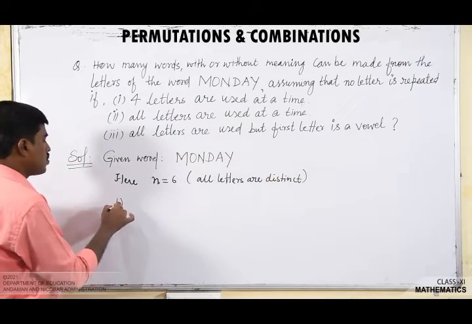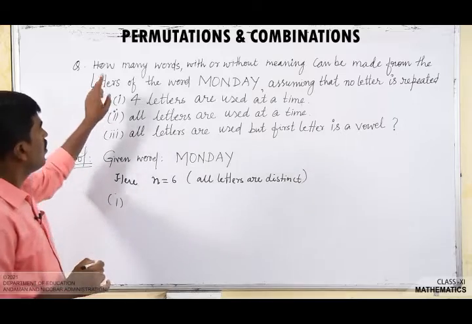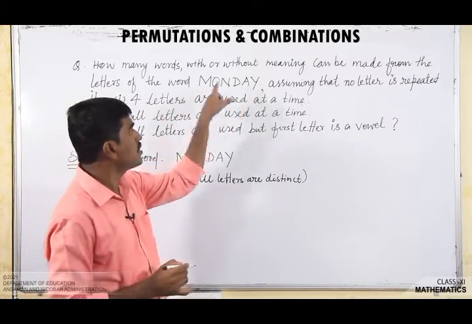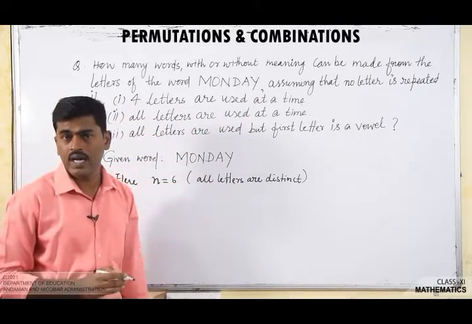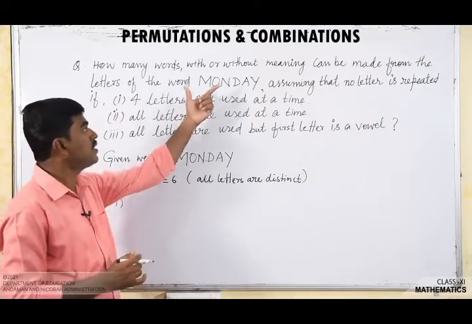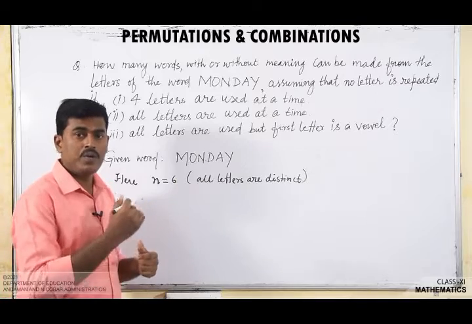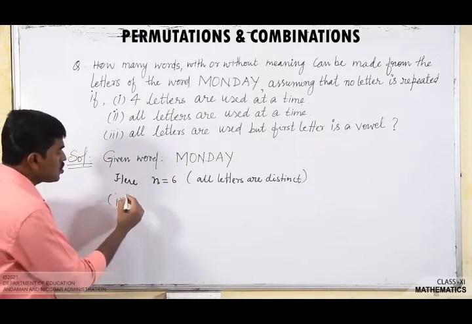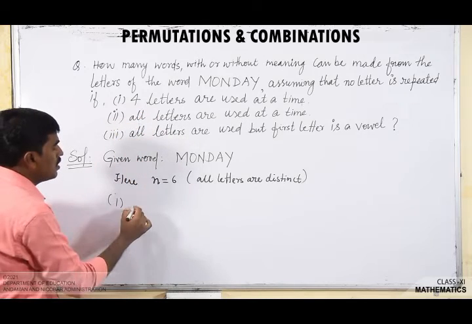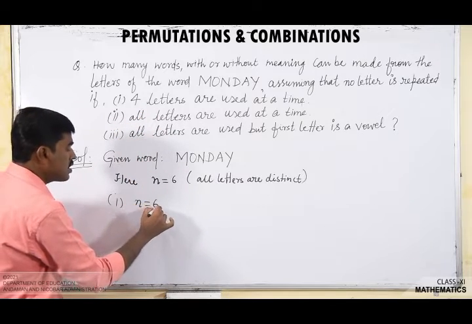Now the first question is, how many words can be formed using the letters of the word Monday if 4 letters are used at a time? That means out of these 6 letters we have to use 4 letters at a time. Okay. So here for the first part, the value of n is 6.